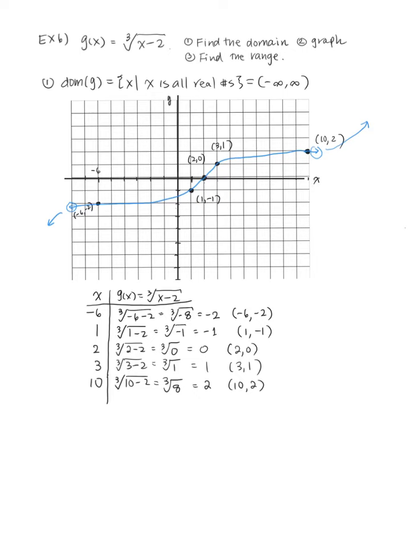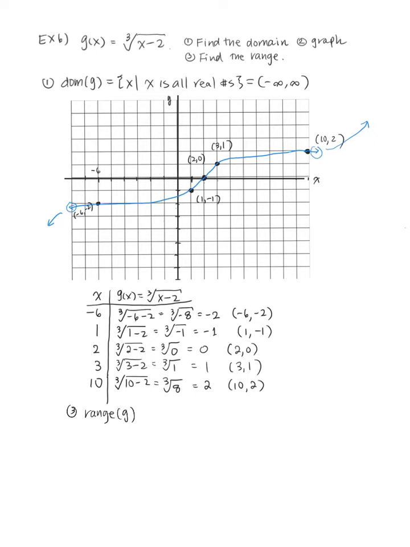Now let's go with the range. Again, the range is the set of y values where the function is defined. So like I just said, the tail end of the graph on the left-hand side is going to go towards negative infinity. It's going to shoot down eventually, very slowly, but eventually.